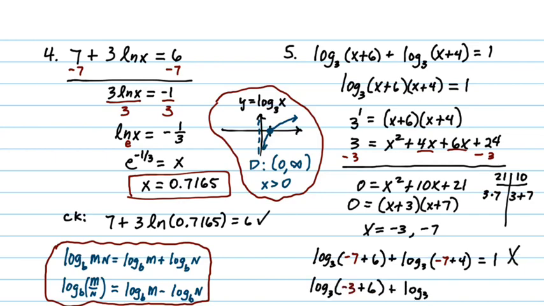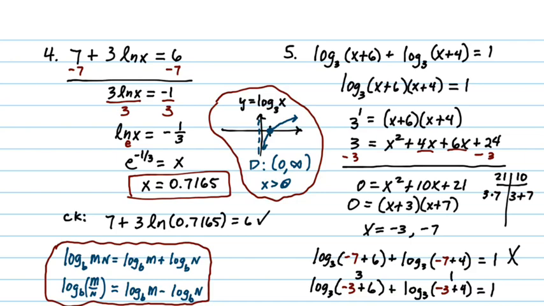But if you plug in -3, this will be the log base 3 of -3 plus 6, which is 3. And -3 plus 4 on the other log, we're going to get 1. So if you look at the first log, it's the log base 3 of 3. So remember, a logarithm is an exponent.